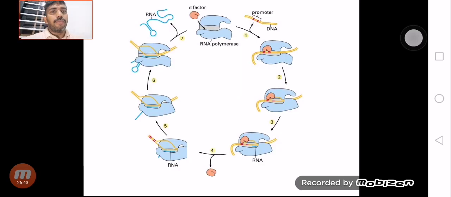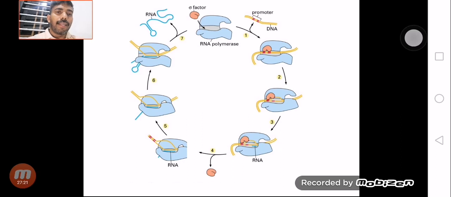Fine. So by that we will wind up this part of the discussion about prokaryotic transcription. This slide shows you an outline of the prokaryotic transcription. The reactions numbered 1 to 3 are part of the initiation, where you can see the RNA polymerase enzyme and the sigma factor binding over the promoter region in the gene, and from the 4th onwards you can see the elongation process.